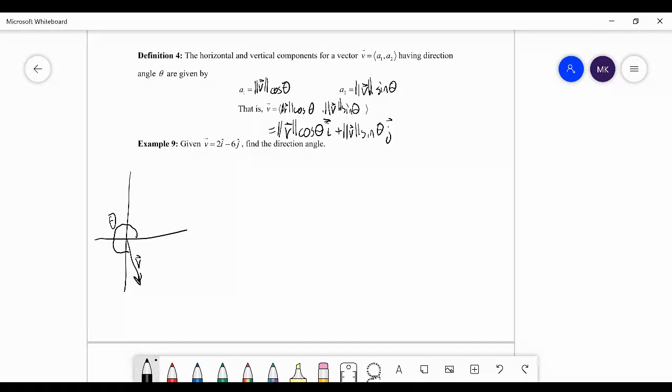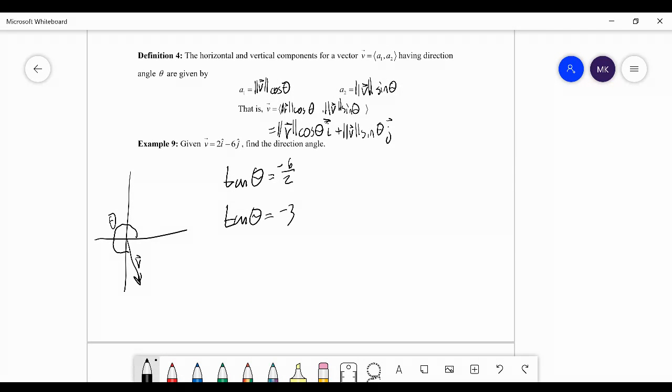So what I know is that tangent of theta is equal to negative 6 over 2, which means we are looking at tangent of theta equals negative 3. If you remember, we would get reference angles and things like that.